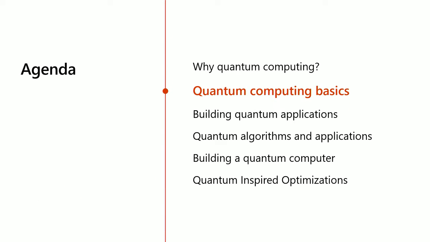Now, one thing I want to get to is why quantum computing? Why is quantum computing able to solve a problem like nitrogen fixation in a way that a classical computer can't, that would take a classical computer millions or billions of years to do it?